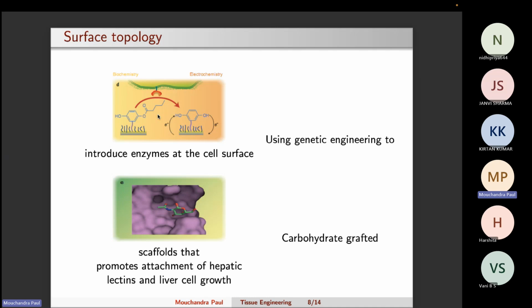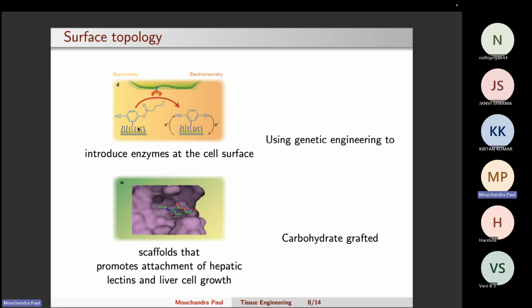Now you can also do amazing one more way. You can also use the cells. Okay, you can use the cells to change your biomaterial surface on demand. So on your biomaterial, say you add some chemical molecule onto the surface, but it is in some inactive form.